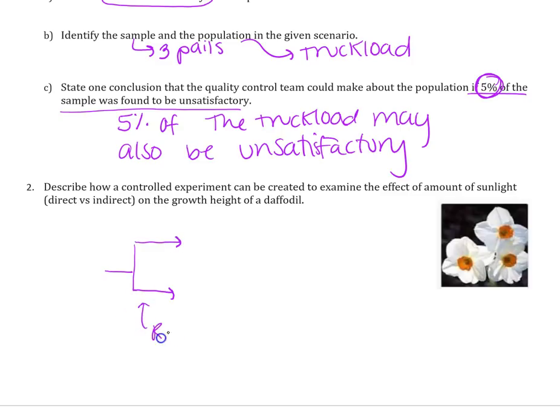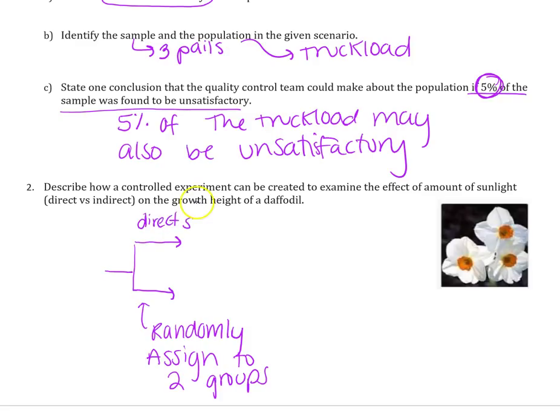So random assignment must occur. What's the difference between these 2 groups? We would have one group receive direct sunlight, and the other one indirect.